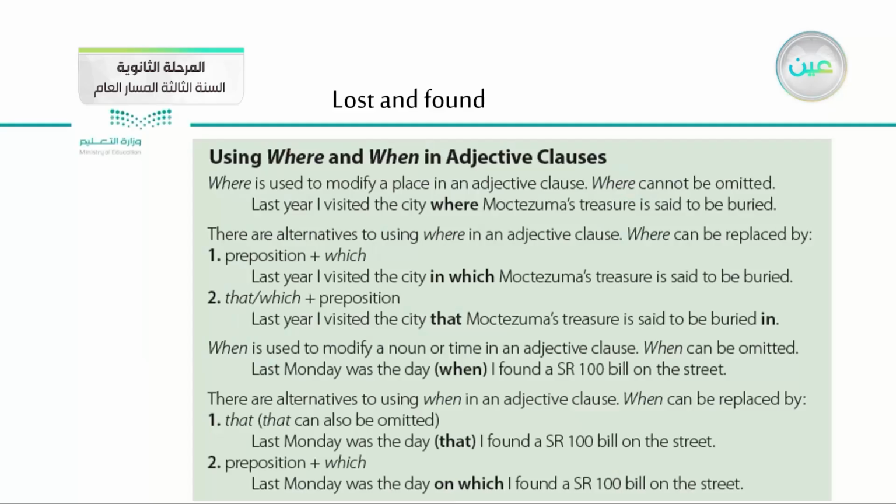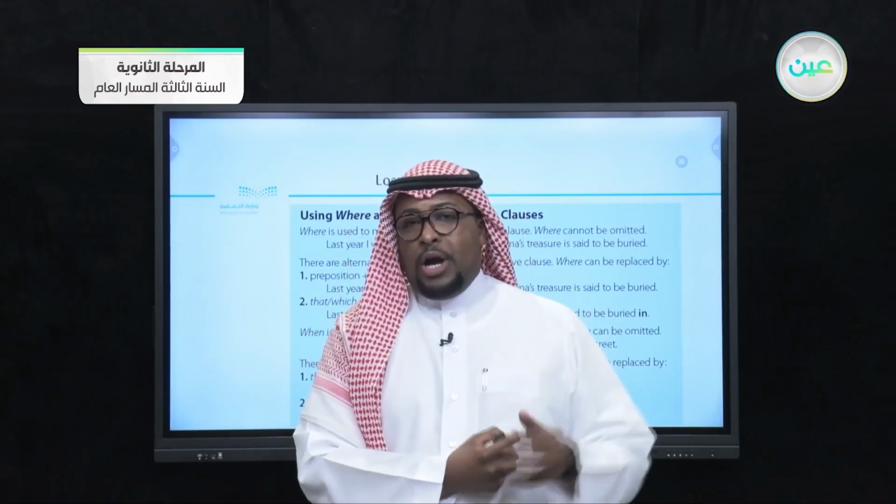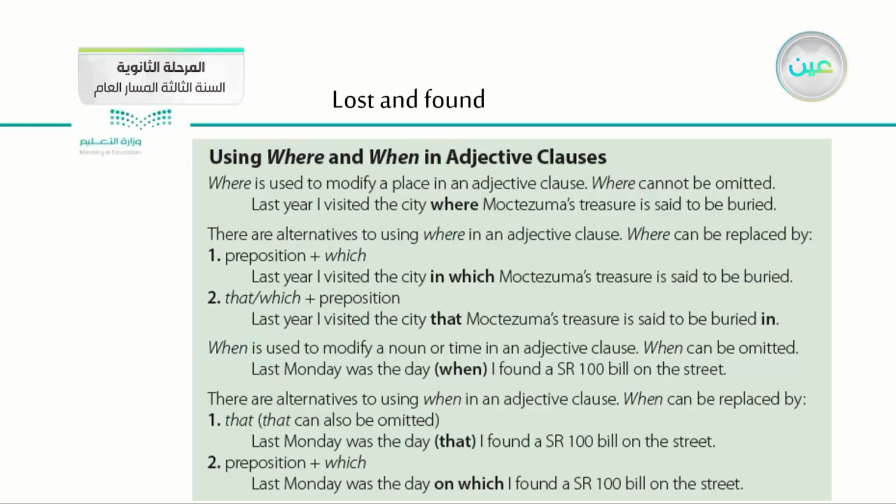And of course here we have alternatives to using where in an adjective clause. Sometimes we can change the word that we use to describe a noun. Here we can use a preposition plus which. If we talk a little bit about prepositions, we have in, on, at, from, and other examples, just to remind you.